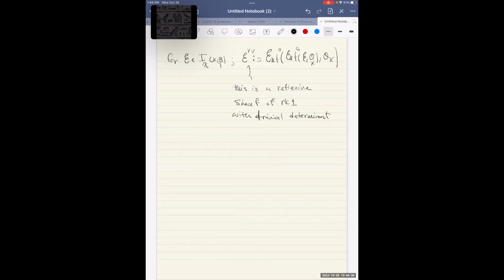In order to see what this is, I suggest you look at the book Geometry of Moduli Spaces of Sheaves by Daniel Huybrechts, who is in Bonn.